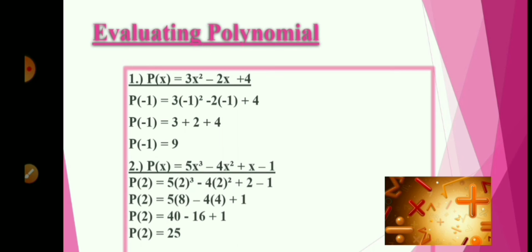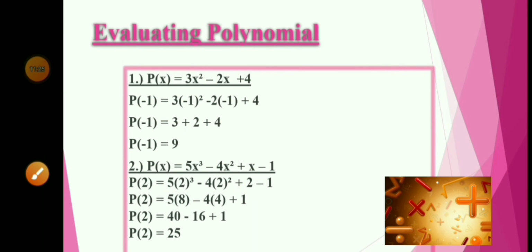We have example number 2. p of x is equal to 5x cubed minus 4x squared plus x minus 1. If our value of x is 2, then we just substitute it into our equation. p of 2 is equal to 5 times 2 cubed minus 4 times 2 squared plus 2 minus 1.